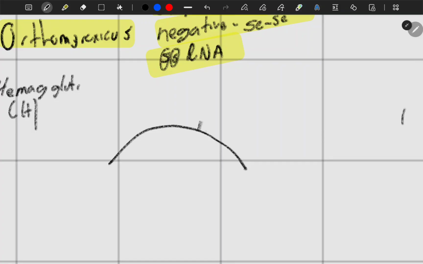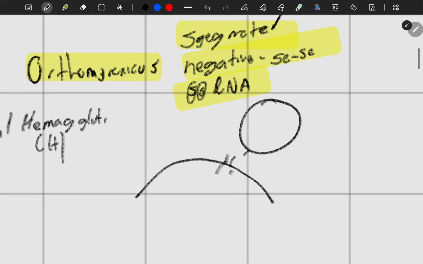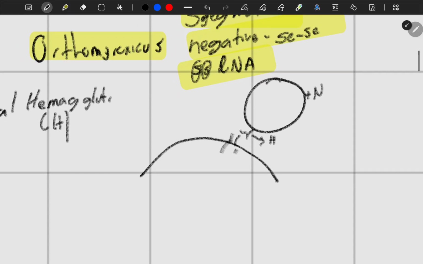We have the sialic acid here, and the virus has in its capsule this hemagglutinin, or H. Then we have the neuraminidase, but we are going to talk about the neuraminidase later. Here the hemagglutinin binds to the receptors on the sialic acid.